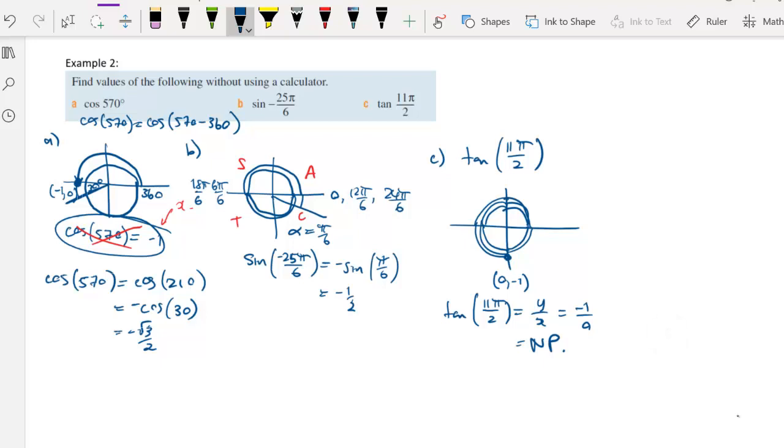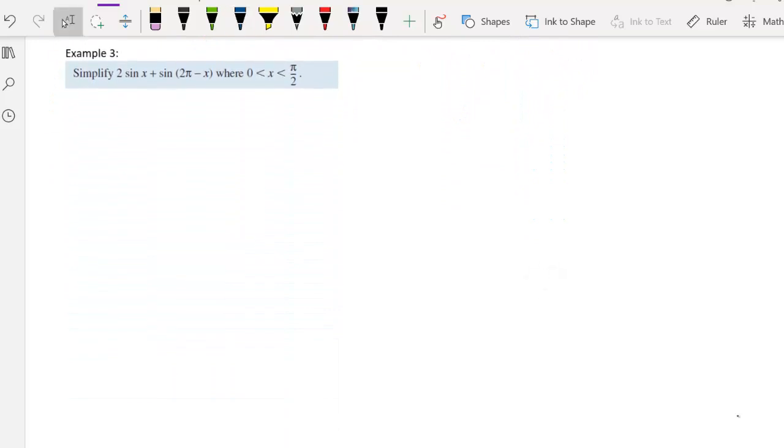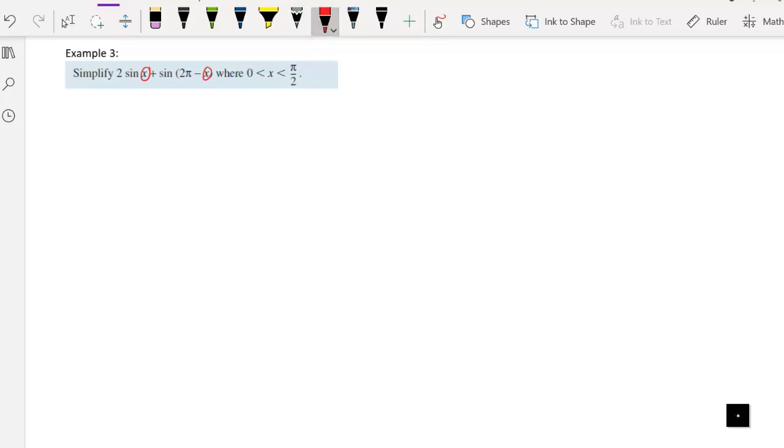Okay, we'll look at one last little example. This is a little bit of a step further, but it's actually less working. So here in these ones, this x represents an acute angle. See here it says 0 is less than x is less than pi on 2. So if we can simplify each of these, then we can quite easily come up with an answer to this.